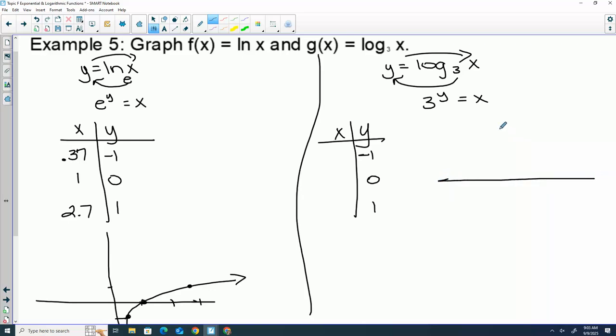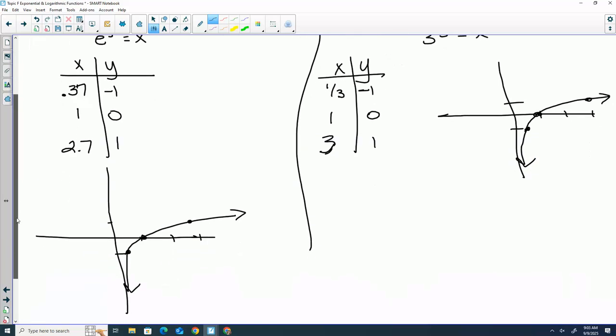What is 3 to the -1? 3 to the 0. And 3 to the first. One-third, 1, 3. The points flip to 1/3, -1, 1, 0, 3, 1.